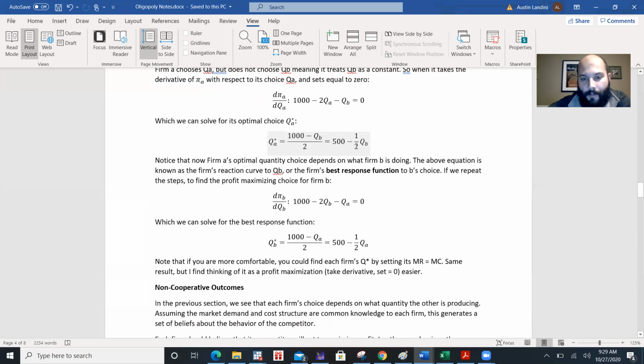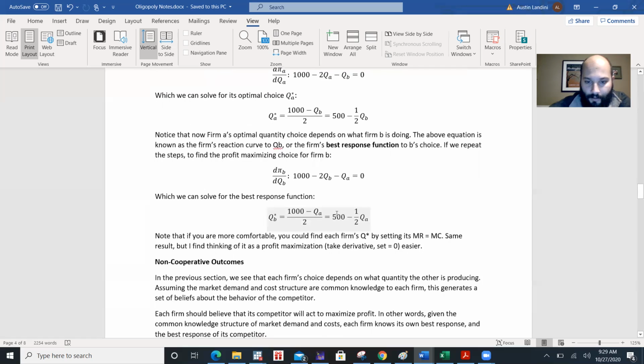And if you're struggling with the math of how we got here, just let me know. I'm happy to do more examples. So what is QB? Firm A doesn't know what QB is going to be for sure, but they know that B has all of this information and has this best response function. So if A can assume that B will act to maximize their profits, then we know that QB is 500 minus 1/2 whatever QA is.